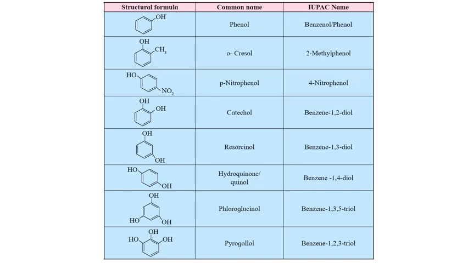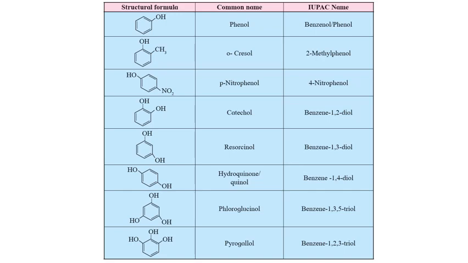And next example, benzene-1,4-diol. Next one, a benzene ring having hydroxyl groups at positions first, third and fifth. Common name is phloroglucinol and IUPAC name is benzene-1,3,5-triol, containing the 3 OH groups.